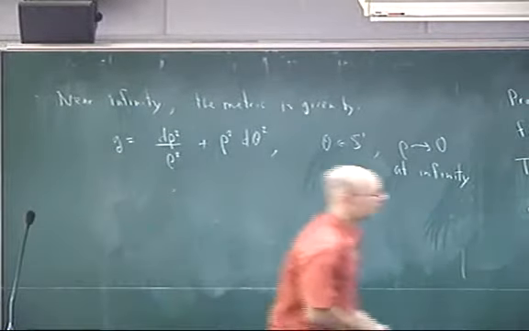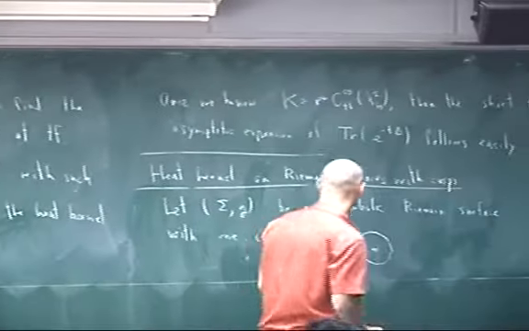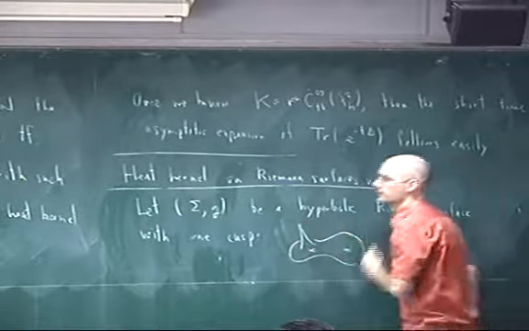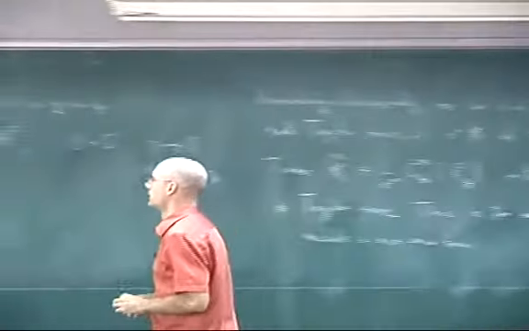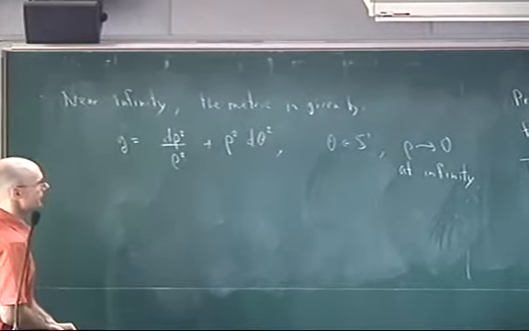Okay, so I have my coordinate rho that is 0 at the tip of the cusp, and then positive in the interior, and then the theta variable is the variable around the cusp. And so that's one way to describe it.